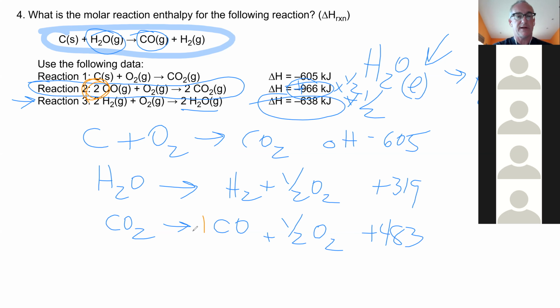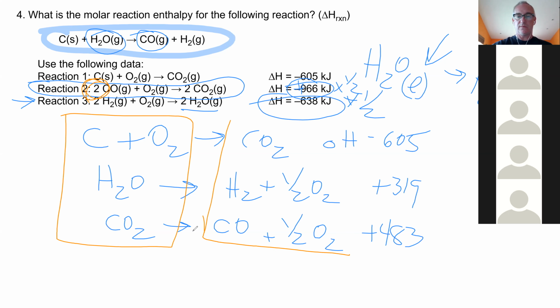So basically now I'm going to see if I have everything right. Now I'm going to add everything together. When you add everything together, you add everything that's on the reactant side, and then you add everything that's on the product side together. So let's do that.